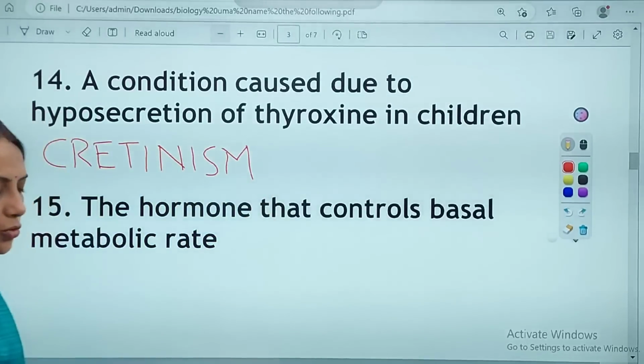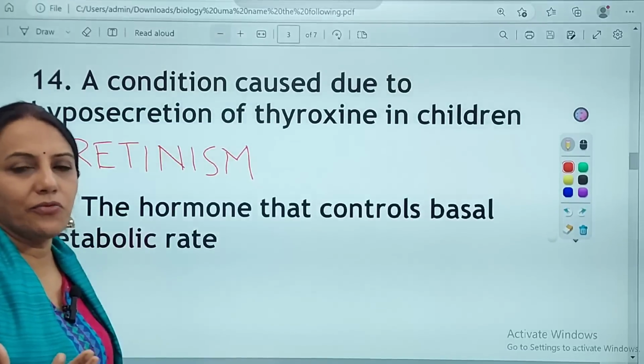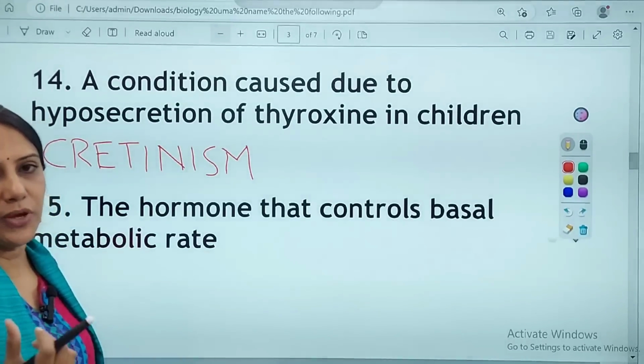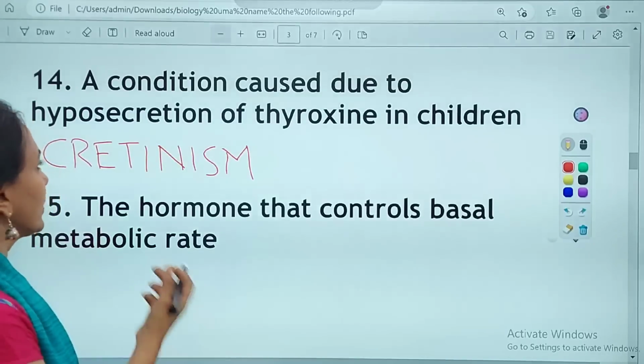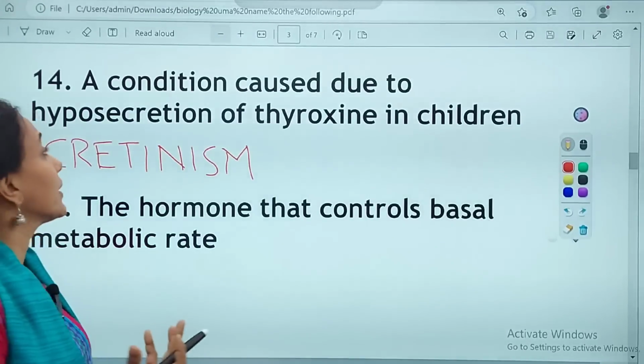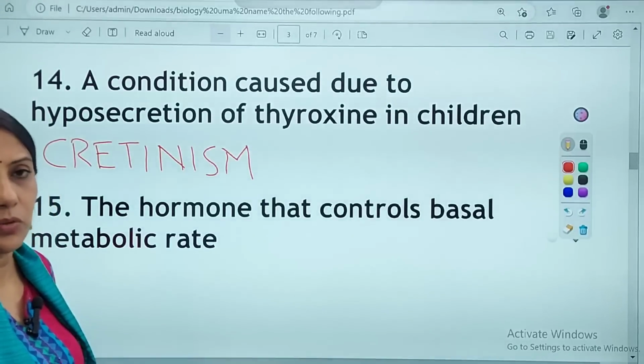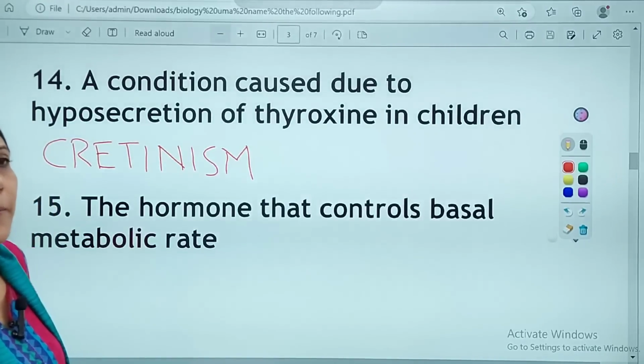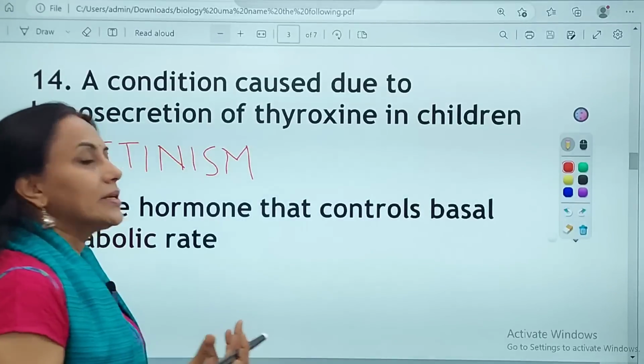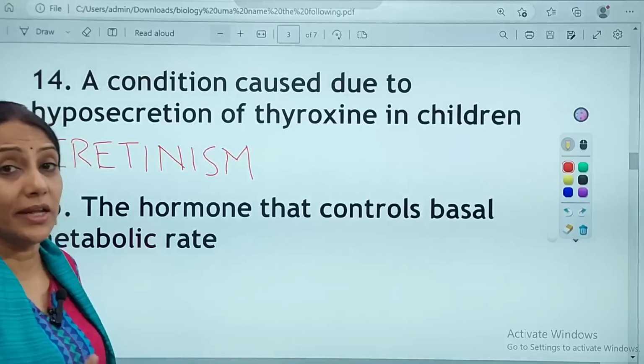When the children slightly grow up, even then there is a kind of dwarfing, okay? In children also there is dwarfing because the thyroxine is not available in plenty, or it's very deficient in the body, then some kind of dwarfing and stunting happens.